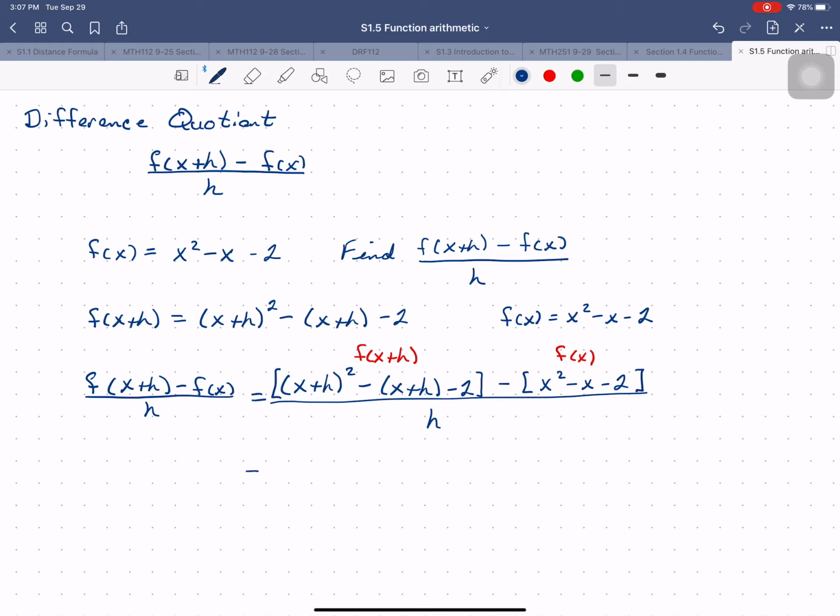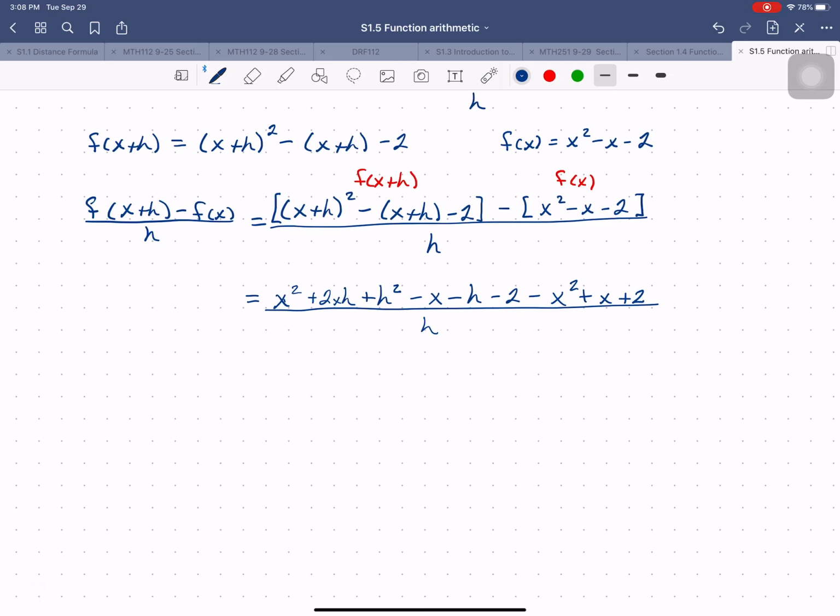So the first thing we need to do is expand the x plus h squared, and that is just x squared plus 2xh plus h squared. And then distribute the minus sign to the x plus h minus 2. And now distribute that second minus sign through the f of x, so that's minus x squared plus x plus 2, all over h.